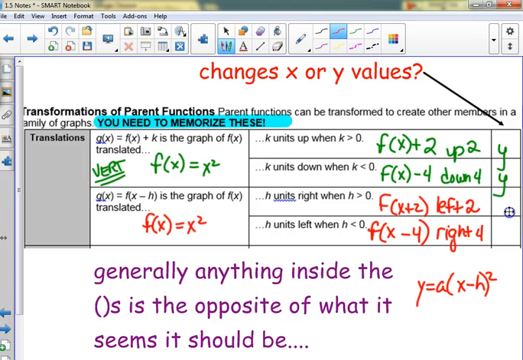So is that changing x or y values if you're going left and right? X values. And these are horizontal shifts. Those seem okay?